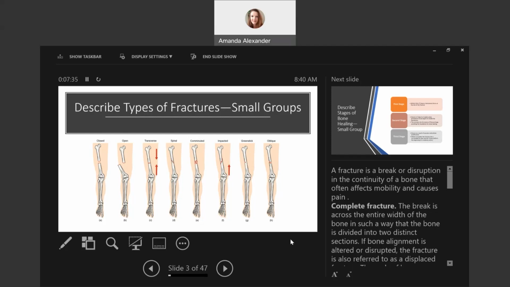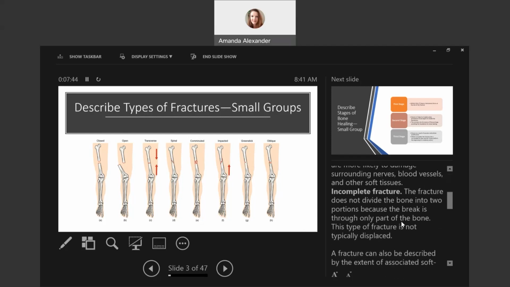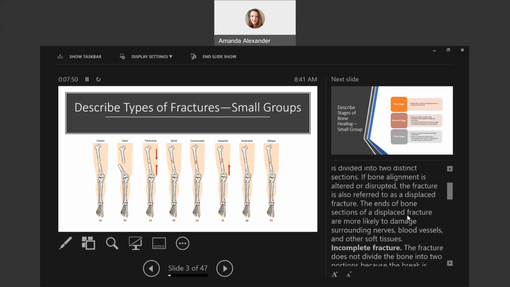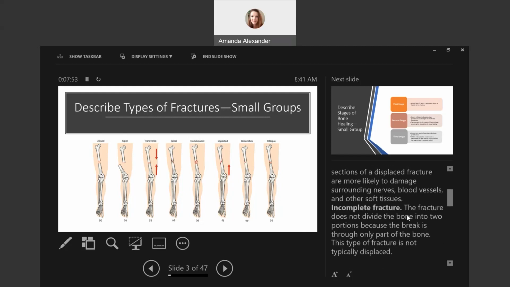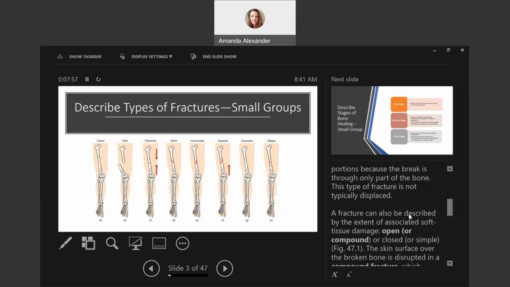Just remember that a fracture is a break or disruption in the continuity of the bone, what the different types of fractures might be, especially a complete fracture or incomplete fracture. The difference between the two, an incomplete fracture does not completely go through the bone. It's just partial bone damage.